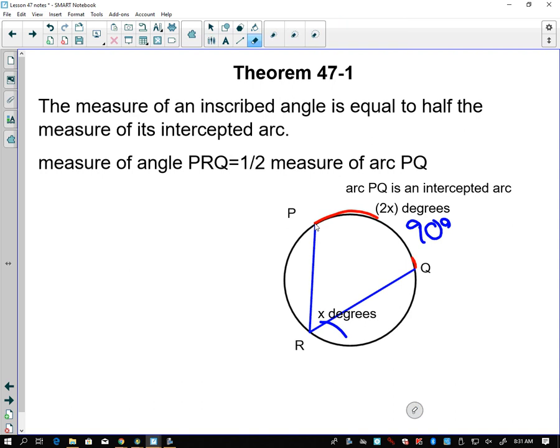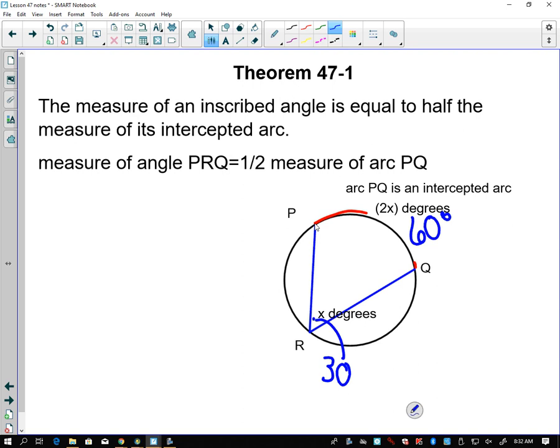Let's go back. Katie, we said if this is 30, then this out here was what? 60. So if this is 60, then what is this going to be? 30, right? Didn't change. We didn't have to do different math. The numbers stayed there.